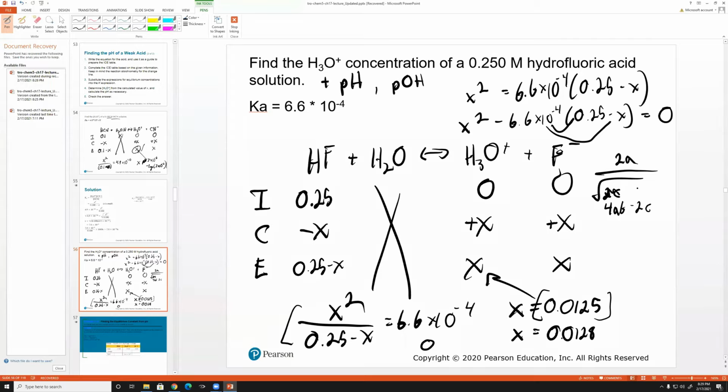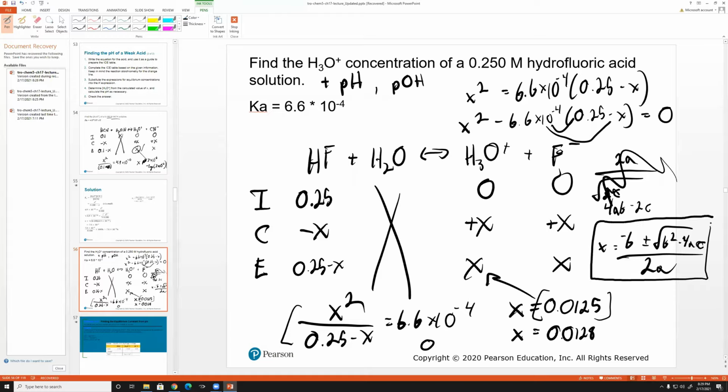And then you can solve it using the quadratic formula. Oh, sorry, I flipped this. So it's negative b plus or minus square root of b squared minus 4ac, over 2a. I botched that. That's why I haven't used it in a long time. I'm a chemistry person. But yeah, there's the quadratic formula.